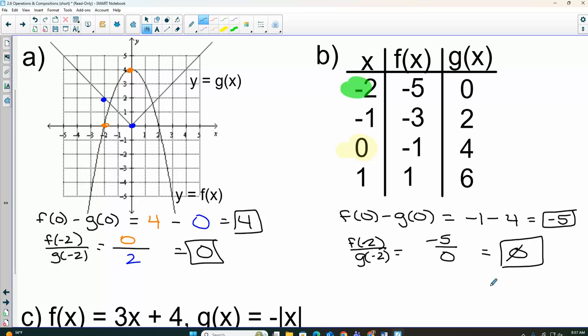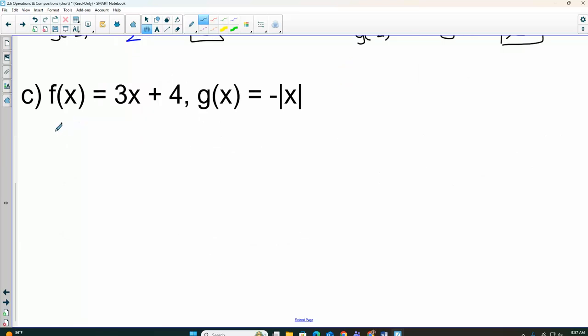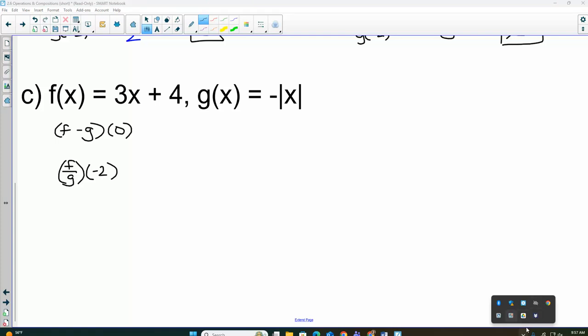I want you guys to try C. So this one I gave you the equations. F of 0 minus g of 0.